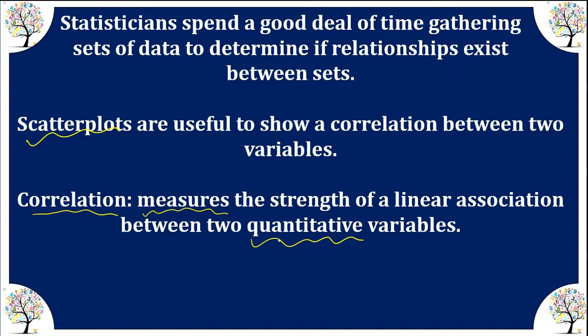So we'll be looking at numerical values. That's how we can measure the strength. And all of our correlations we will be writing as linear functions, a linear association. So we're going to take a look at scatter plots. We're going to see if we do have a correlation. We will see if there is a linear association.